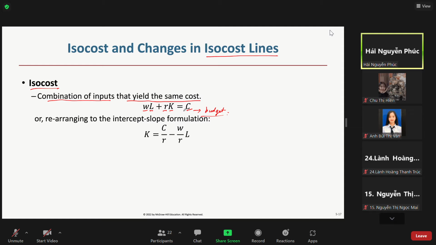So here's your budget, and you spend on L and K. That's why, look at the definition of the isocost line: it is a combination of inputs that yield the same cost.